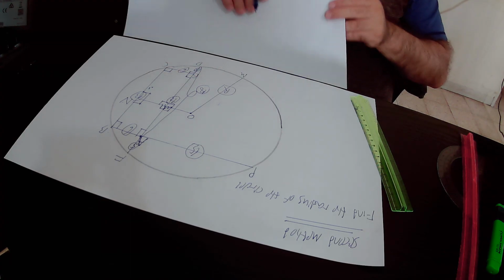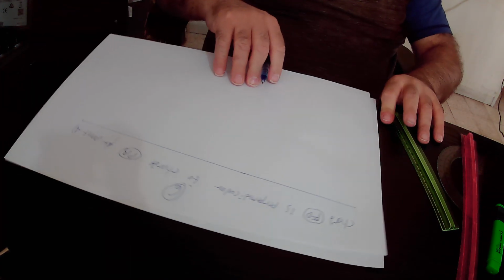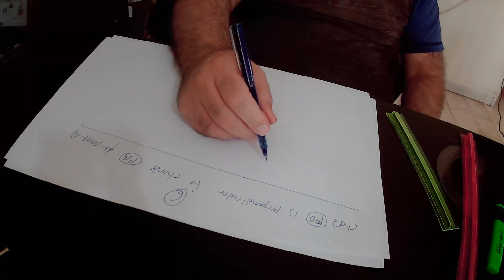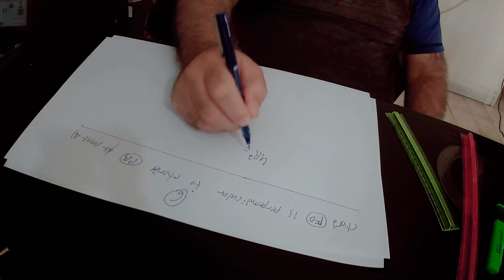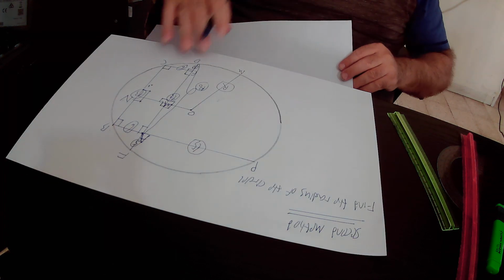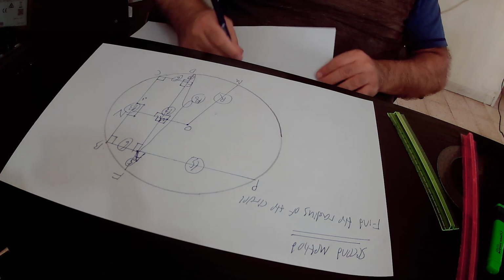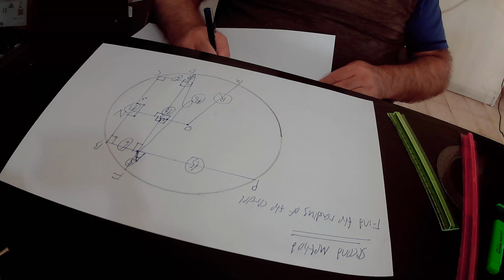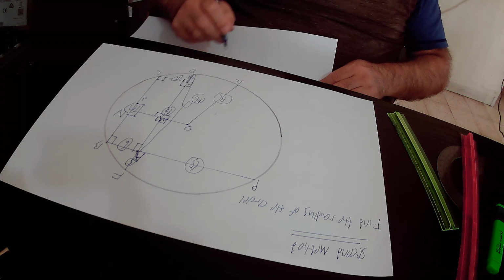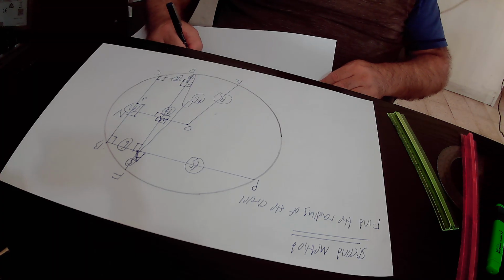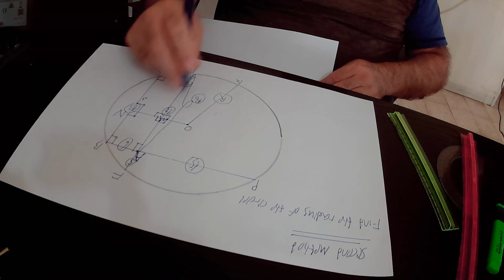Therefore, according to rule number 4, we get that 4R squared, again R is the radius of the circle, will be equal to FA squared plus AD squared plus PA squared plus AB squared.